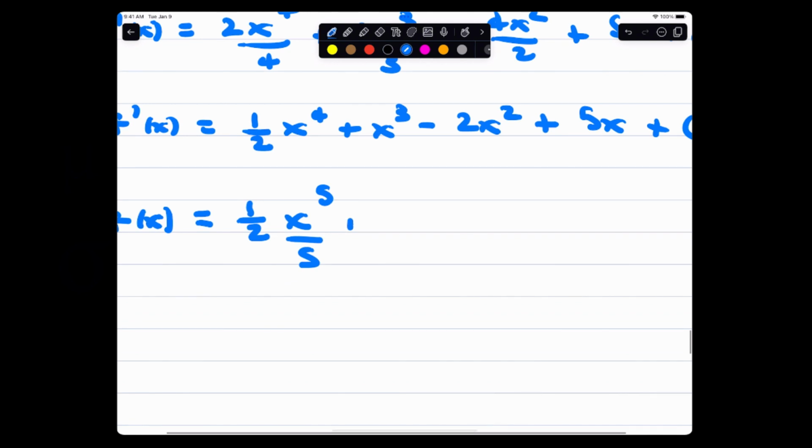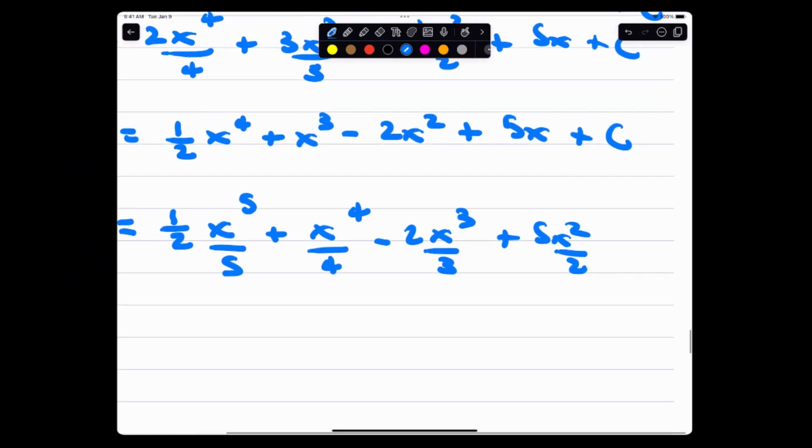And then what about here? 4 over 4. 3 over 3, is that right? 2 over 2, and then plus cx plus another letter D. That's a constant, okay? I like using other capital letters for my constants.